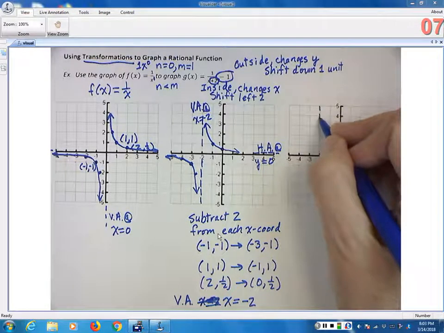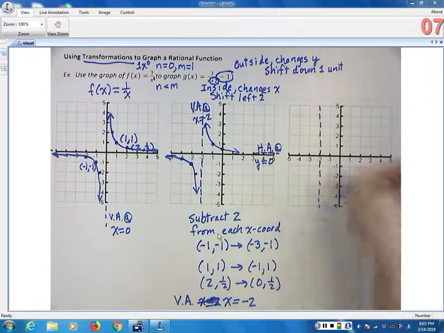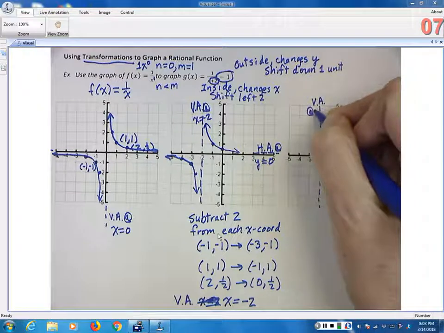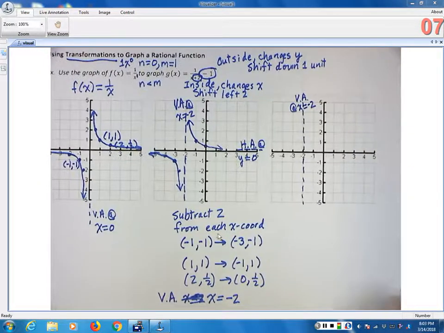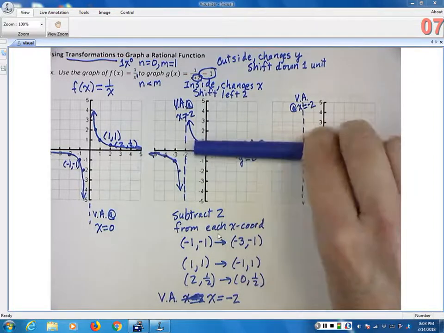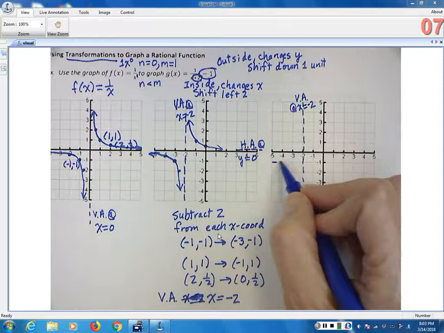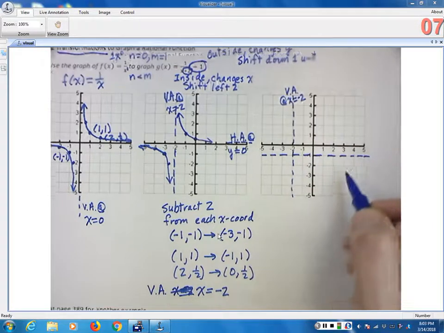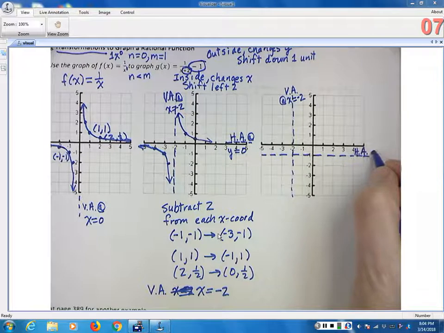It stays in the same place. So we still have a VA at x equals negative 2. What happens to the horizontal asymptote when we shift down 1 unit? It shifts down 1 unit. So we have a horizontal asymptote at y equals negative 1.